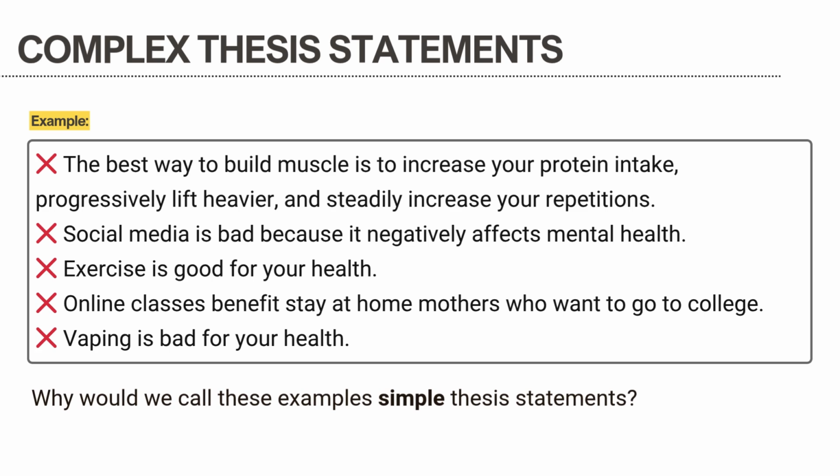Anyone who goes to the gym to build muscle, right? Bodybuilders, they know this. This is the method that they have a consensus on, right? Eat your protein. You got to do progressive overload, right? Increase your reps. So because this is something most people already believe, or it's a popular sentiment, it's not very complex, right?